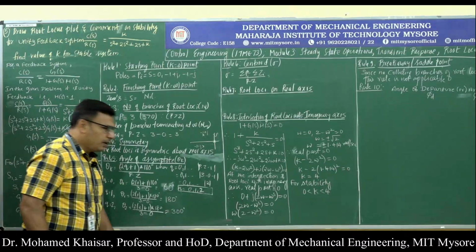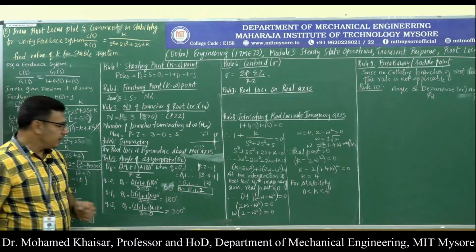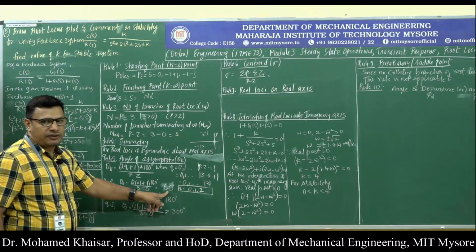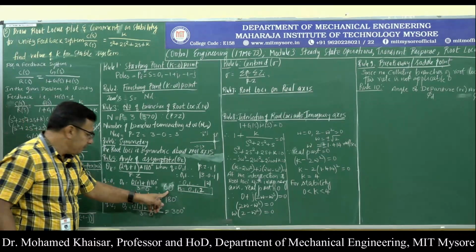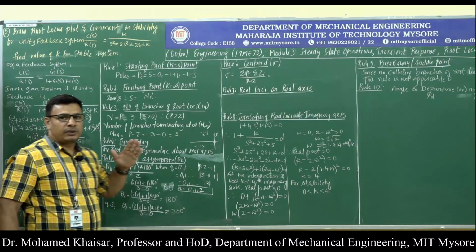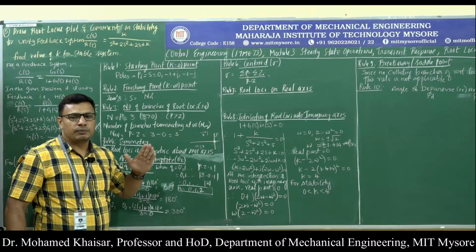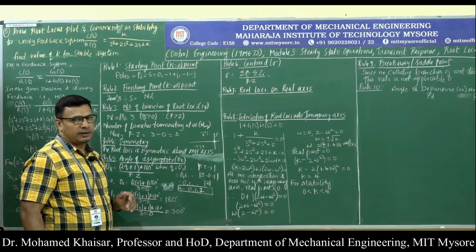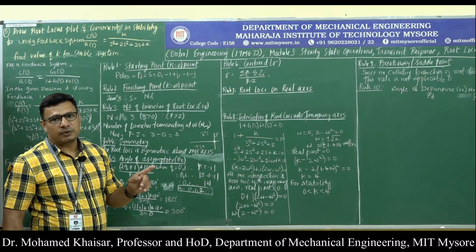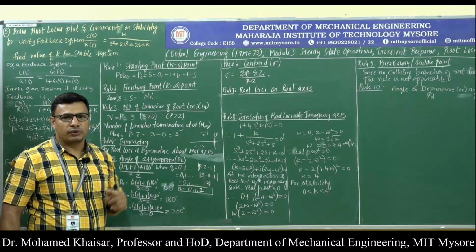Now, what important inference we can draw from this rule? See, asymptotic straight line is at 60 degree. What does it mean to say? It means that this asymptotic straight line is going to intersect the imaginary axis and move to the right half of S plane. That means rule number 8, intersection of root loci with the imaginary axis, is going to be applicable.